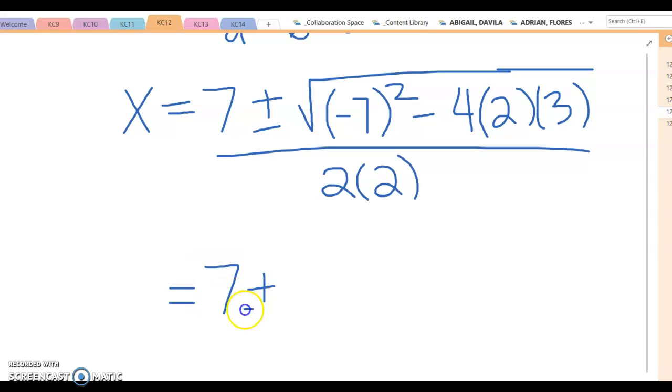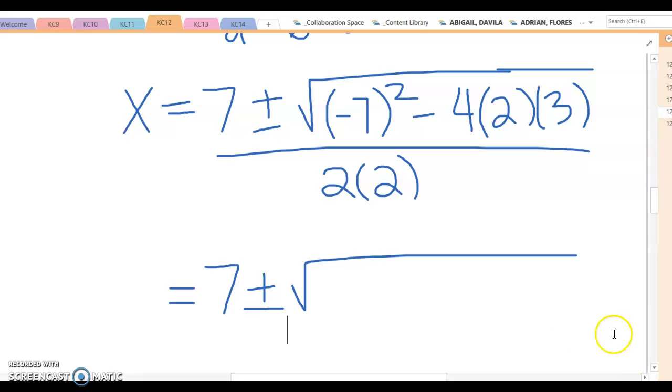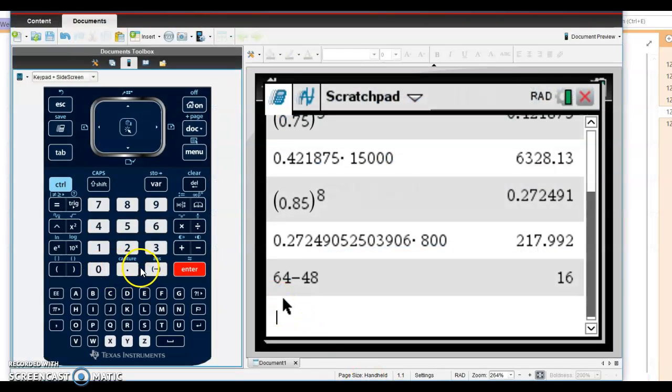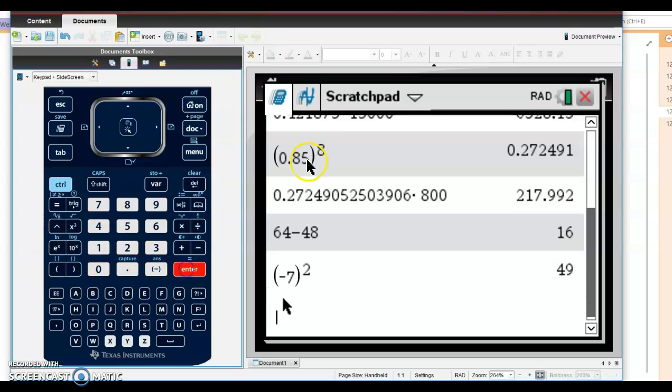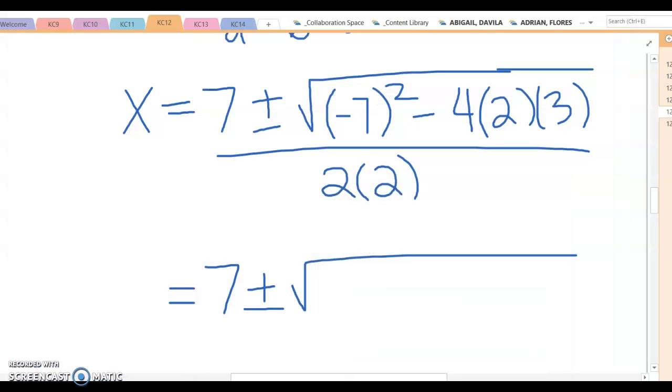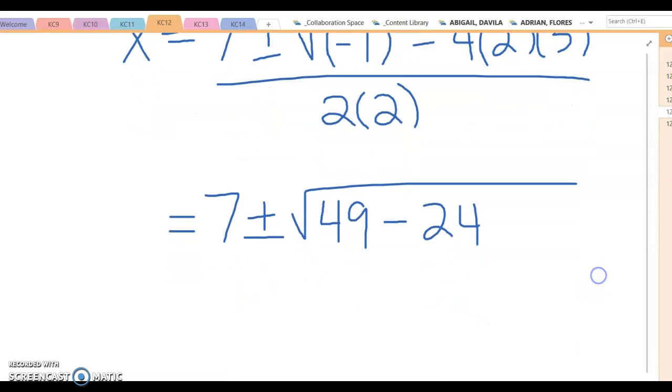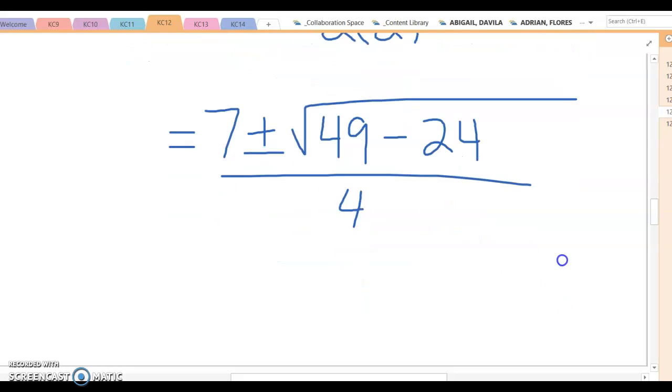So 7 plus or minus, all right, -7 squared. If you don't know off the top of your head, make sure you're doing it in parentheses. So -7 in parentheses squared is 49, minus 4 times 2 times 3. So 4 times 2 is 8, 8 times 3 is 24, all over 2 times 2, which is 4.